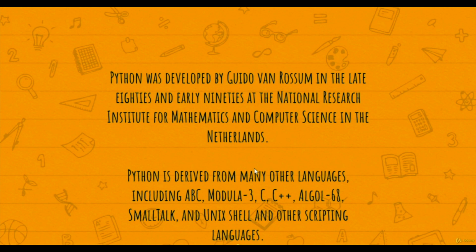So this is how the history of Python is derived. It's a trending high-level language used for programming purposes, initially released in 1990, and it has been 30 years of its popularity.